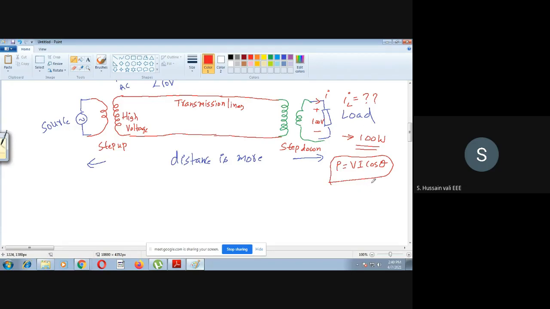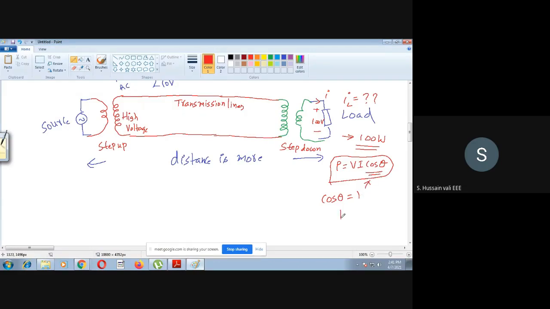This is in case of AC. Now, what is cos theta? Cos theta is the power factor of the load. Just for example, the power factor of the load is 1. This is for calculation purpose. It is not possible practically, only for resistive loads it is possible.